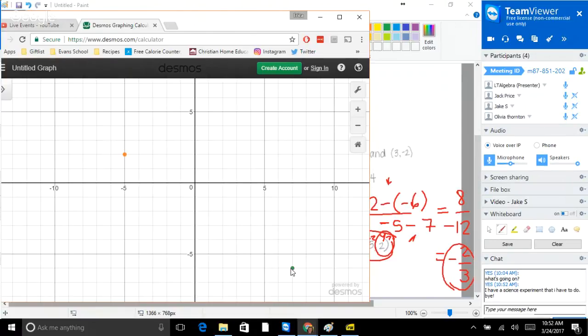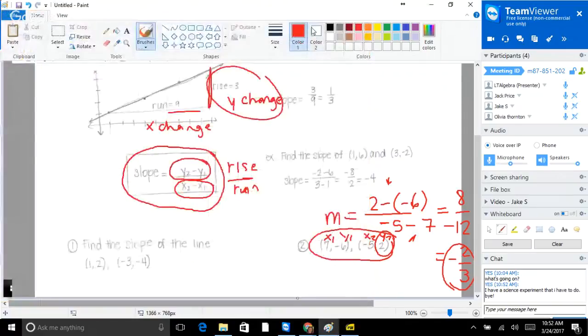So that's how that all relates together. Let me do another one of these, and we'll just look at the equation. So the slope is always the change in y, which is y2 minus y1, over the change in x, which is x2 minus x1.